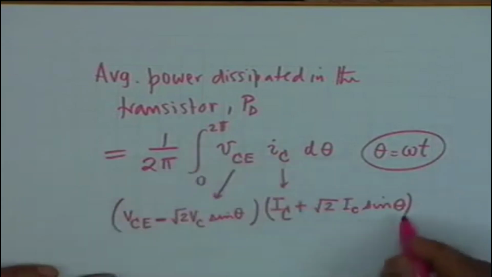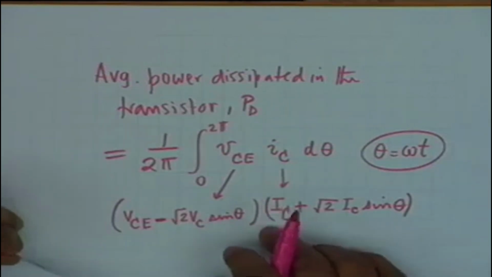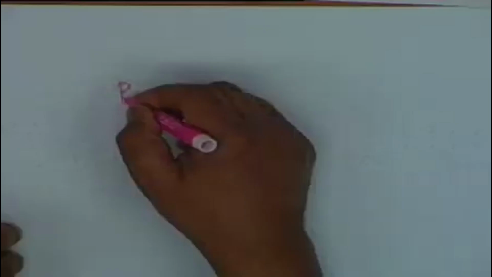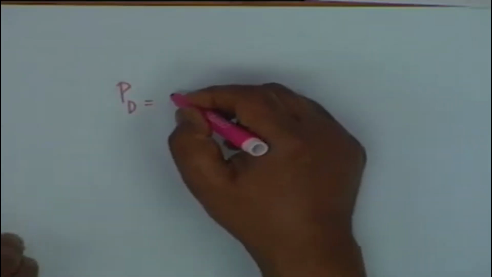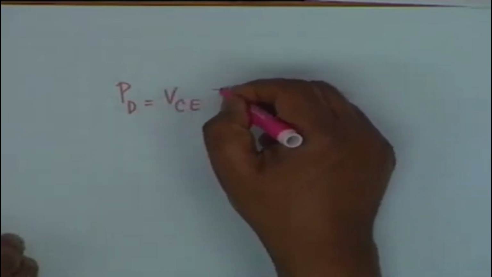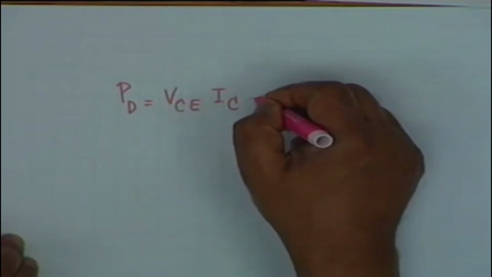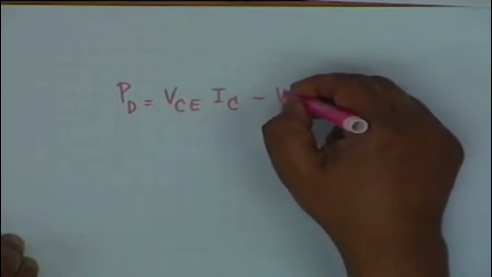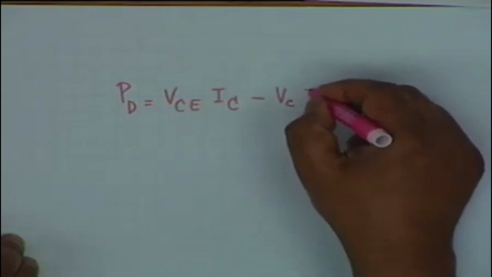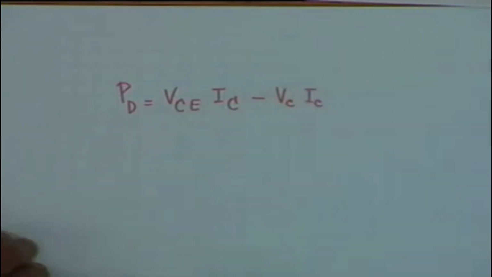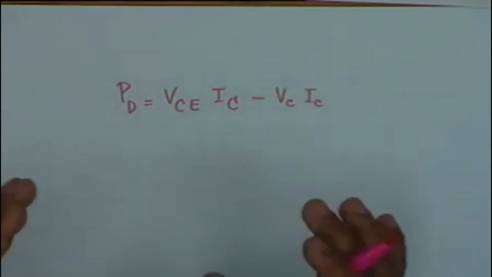Now, if you carry out this algebra and the integration, then the result becomes a very revealing one. What we get by calculation is that P sub d becomes VCE times I sub c minus Vc times Ic, as simple as that. And this is a very revealing relationship.